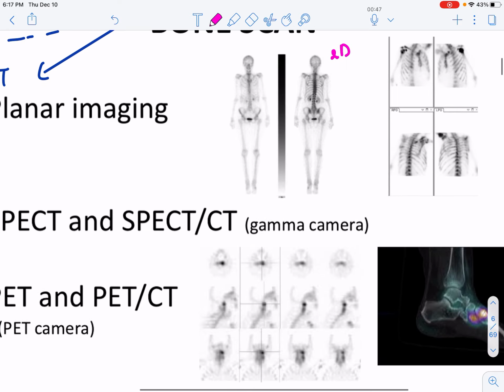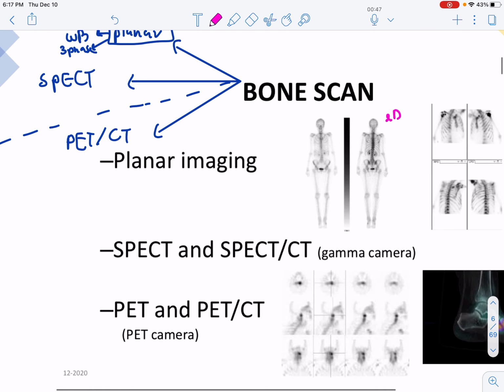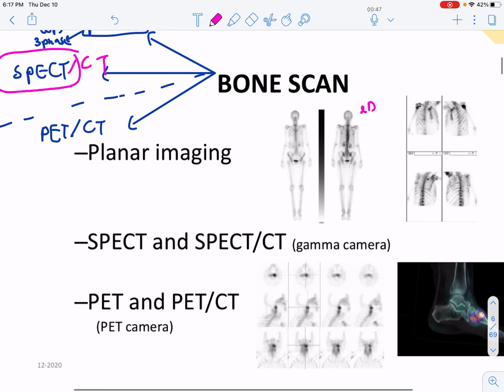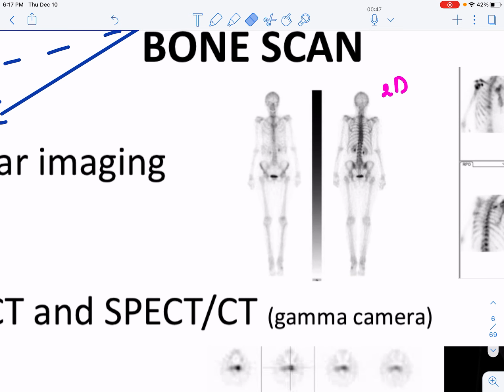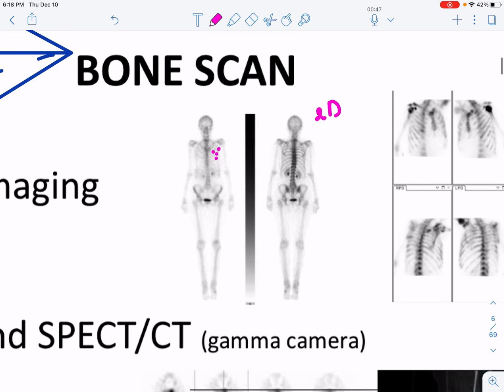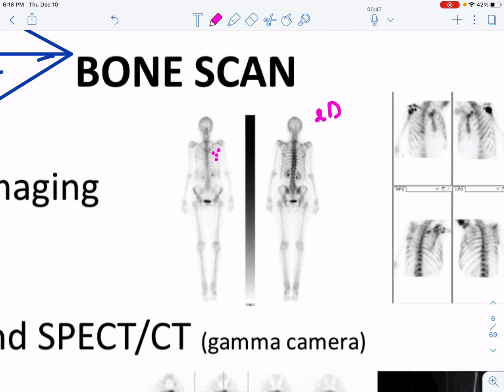If I have a lesion here and a lesion here and a lesion here, even if I do static imaging, which is still considered planar, I won't be able to locate exactly where the disease is.